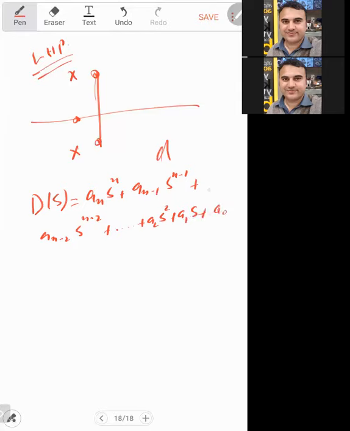So what we have to do is find the reciprocal. The new polynomial will be obtained by putting s equal to 1 over d. So you have to write that, s is equal to 1 over d. We just proved that if you take the reciprocal, it will remain within the left half plane.